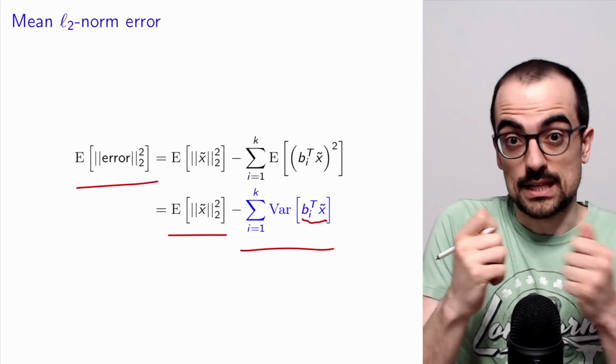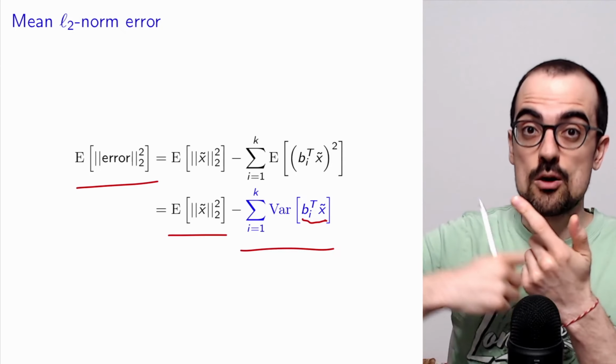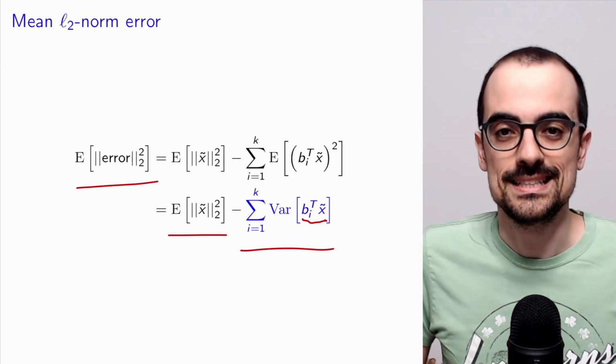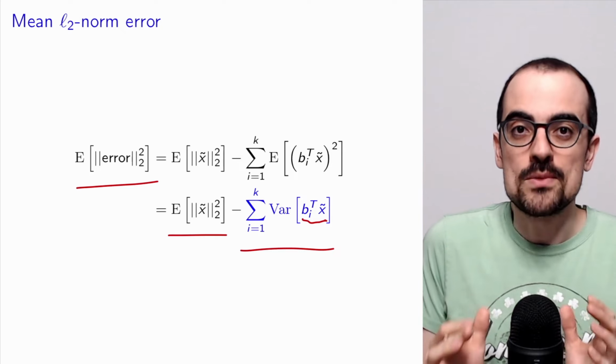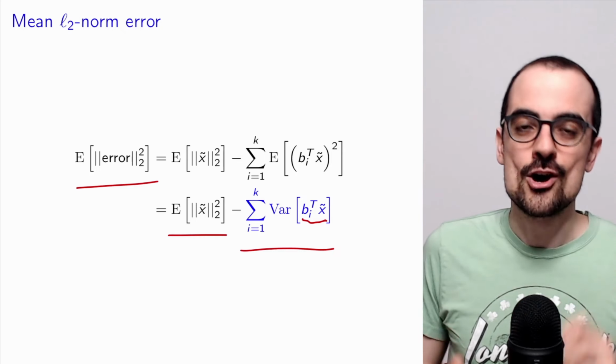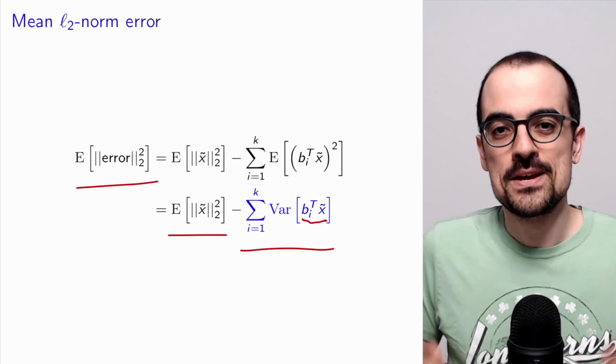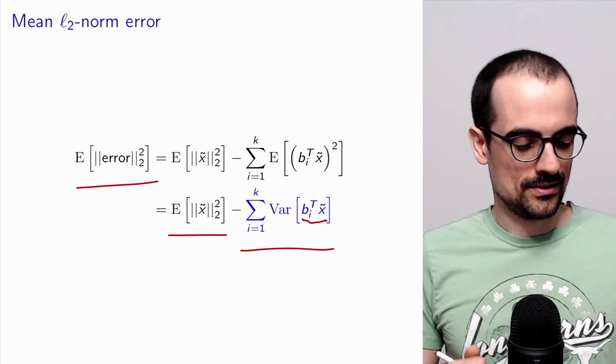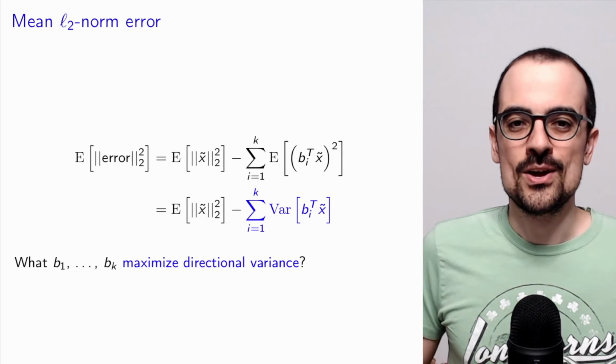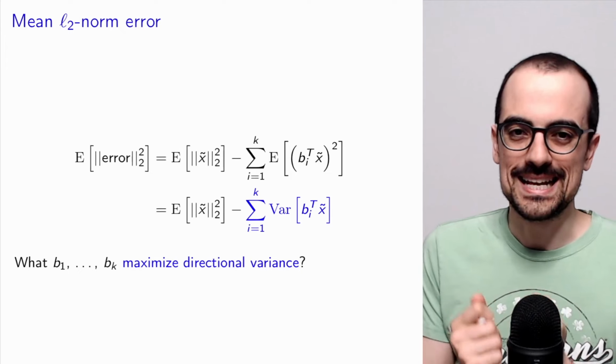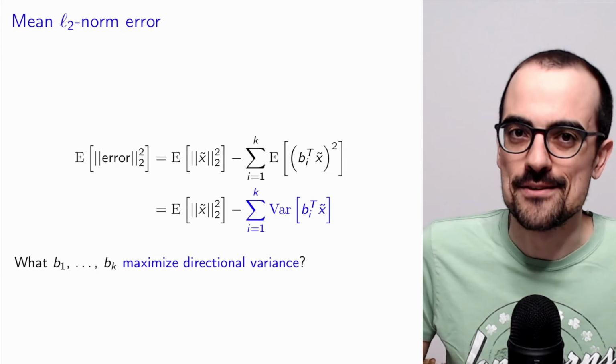And the variance of that projection basically tells us how much the random vector varies in that direction. So we have this sum of variances in these k orthogonal directions. What should we choose for B1 to BK? What choice of B1 to BK maximizes the directional variance?